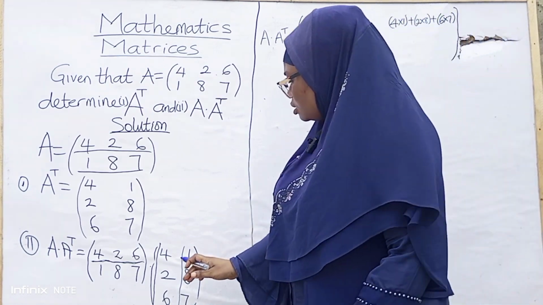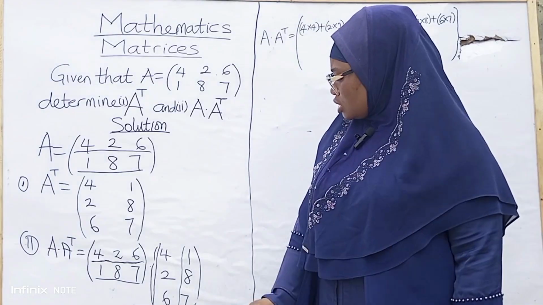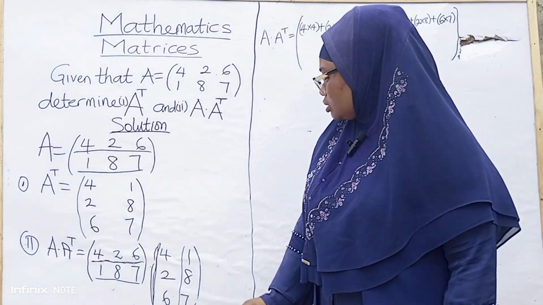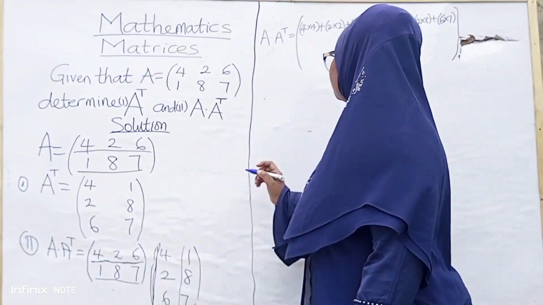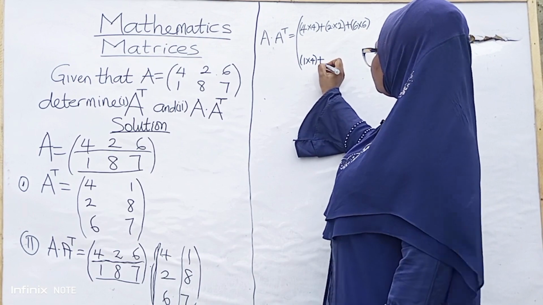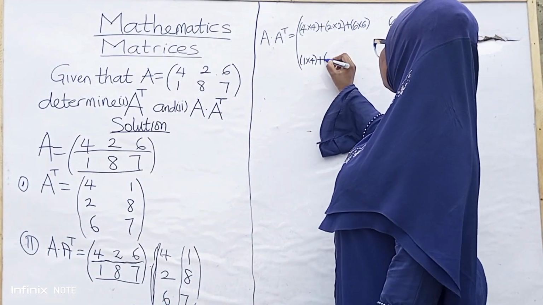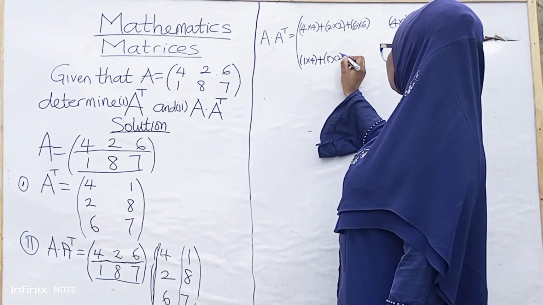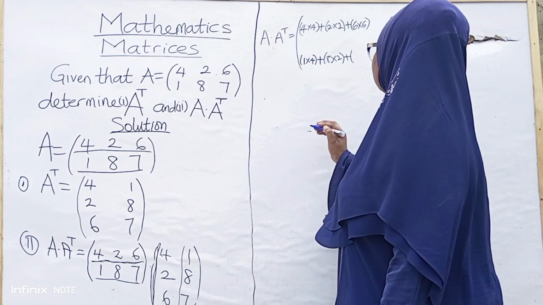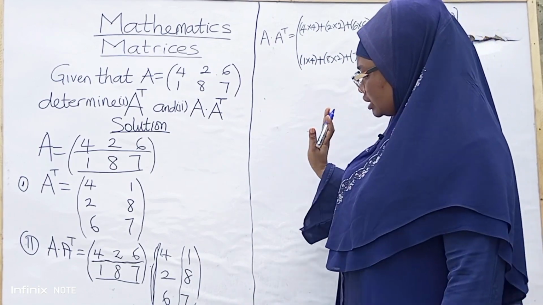Now we are in the second row of the first matrix. We are multiplying it by the first column of the second matrix. So 1 multiplied by 4, plus 8 multiplied by 2, plus 7 multiplied by 6. So we are done with that element.